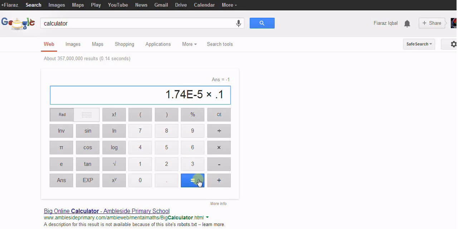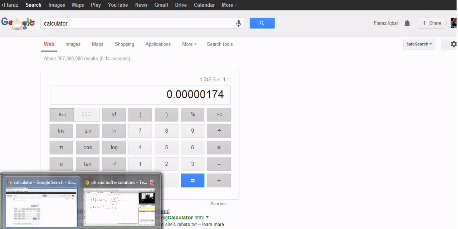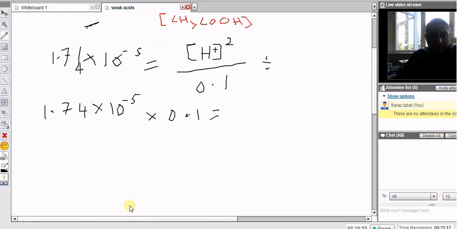Oh dear, I don't know how to do it on here. I expect it because 0.1 is 10 to the minus 1. I'm being a bit dopey there. But 1.74 times 10 to the minus 6. Okay, so 1.74 times 10 to the minus 6 is the concentration of your hydrogen ion squared.